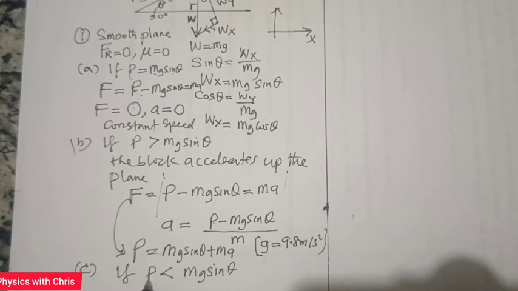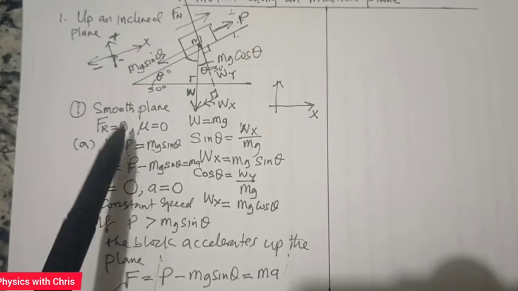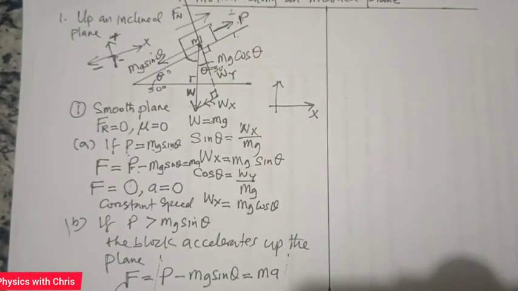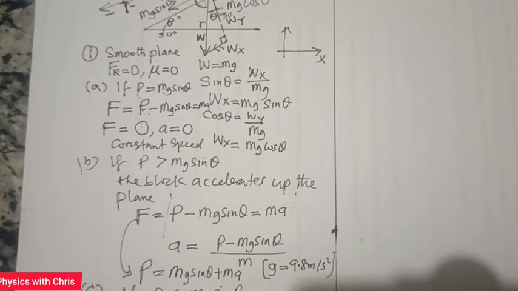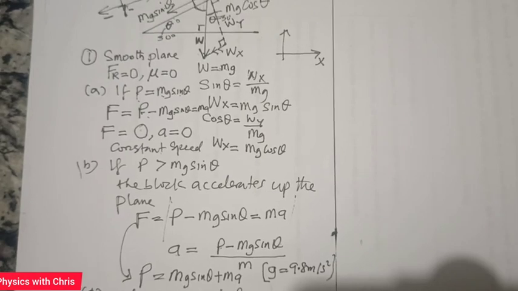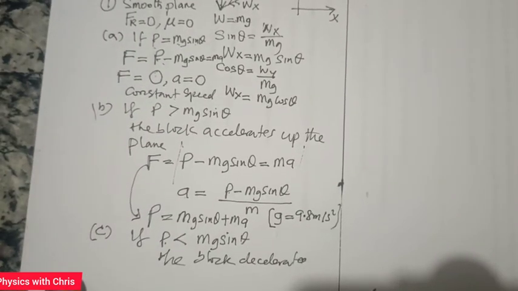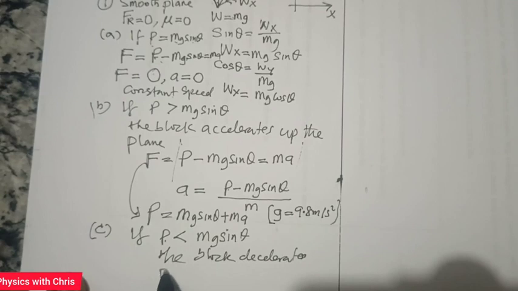But this time around, the value of force P, which is applied to move this block, is now less than mg sine theta. It means in this case, the block of mass decelerates while still moving in the direction up the plane. So the resultant force here is P minus mg sine theta, which gives you ma.